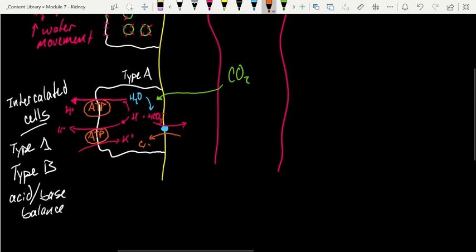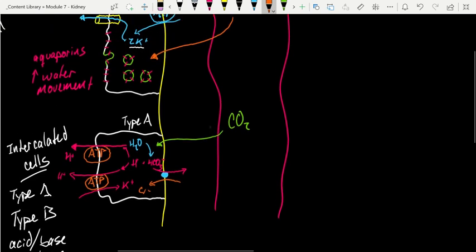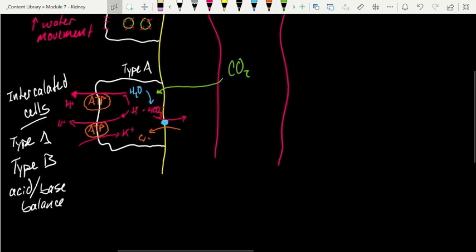Lastly, it's important to recognize that, similar to what we saw up here in the principal cell, we have potassium leak channels.